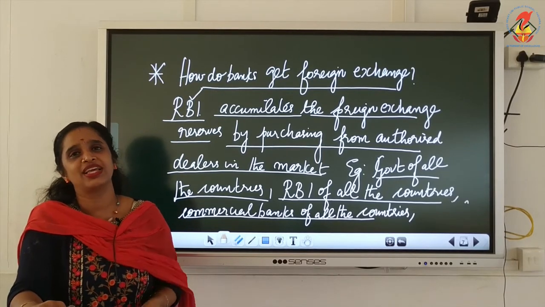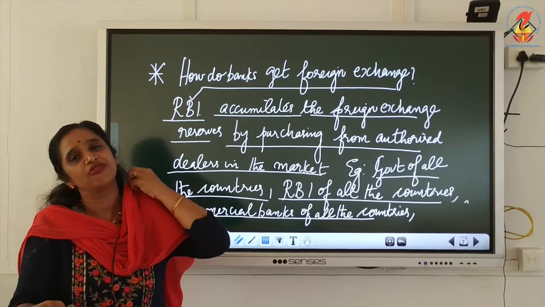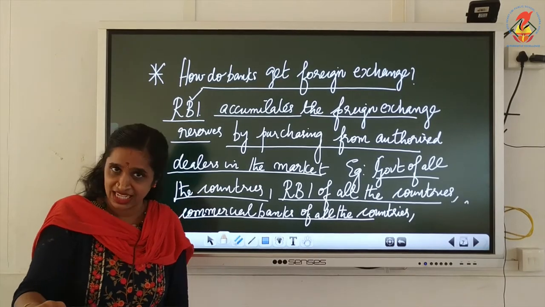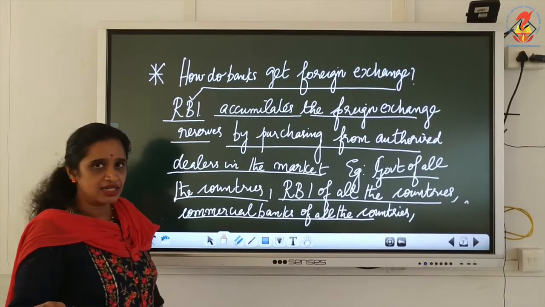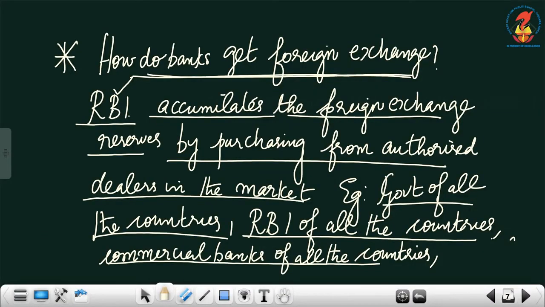Let us think about the asset. It will buy the foreign exchange reserves in the foreign exchange market. From whom? From the authorized dealers. That is what is written here on the board. How do banks get foreign exchange? Now let us first see RBI.